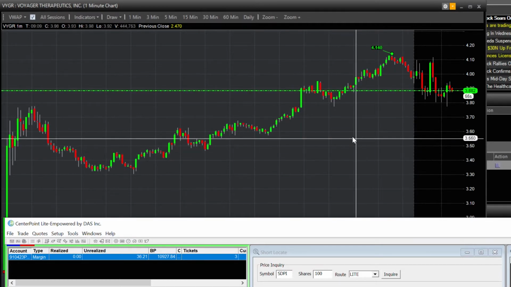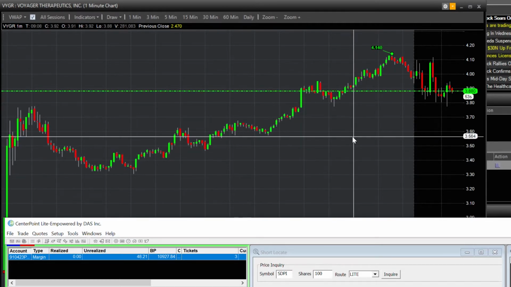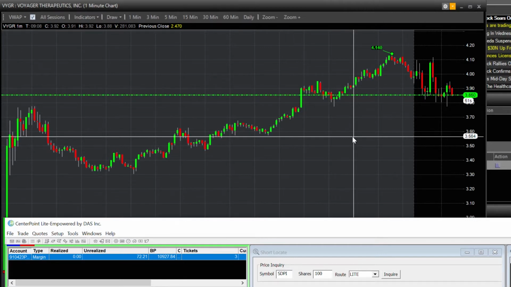But this particular market cap and float, they're very dangerous, because statistically with this market cap and float, I have the lowest win rate. So that's why I'm very conservative.